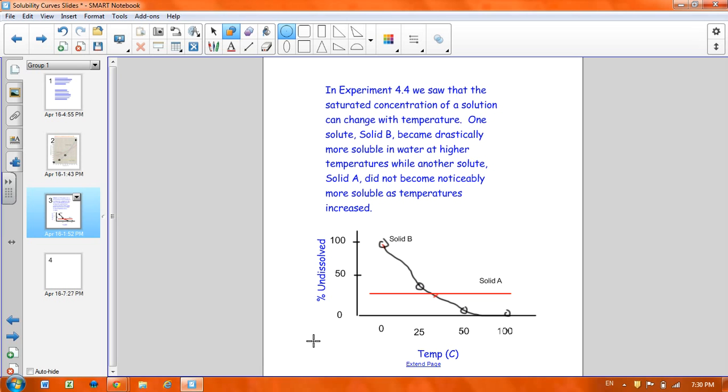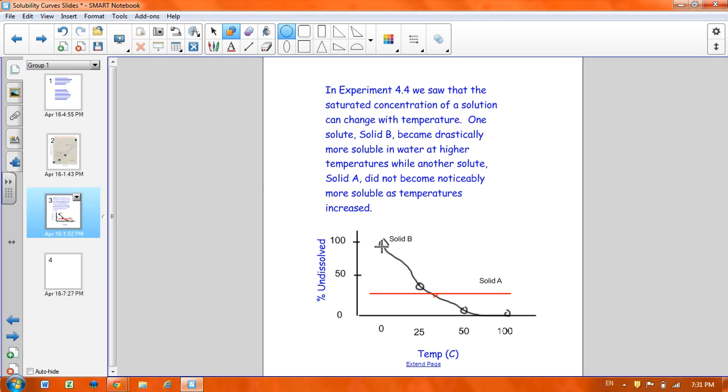And those of you that had solid B during the experiment noticed that most or much of the test tube appeared to be solid in the cold water bath. So that's the reasoning for this end of the curve.